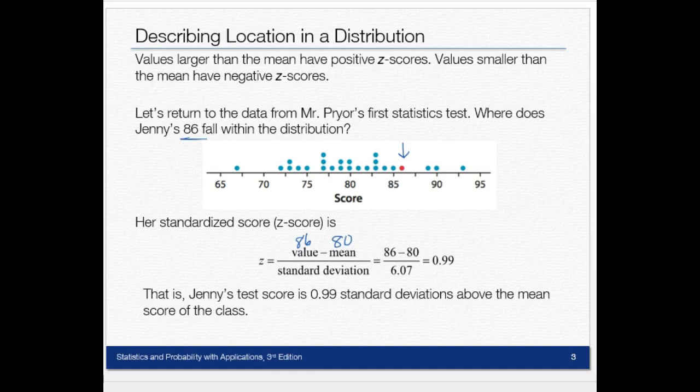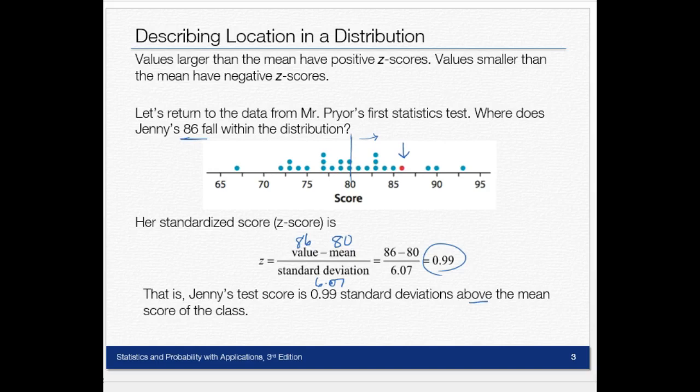And the standard deviation, they told us along the way, was 6.07. Okay, so they gave us some of this information. It didn't state it, but they did. So we subtract, then we divide, and we get 0.99. It is above the mean of 80. Okay, it's above, so it should be positive. That is, Jenny's test score is 0.99 standard deviations above the mean score of the class.